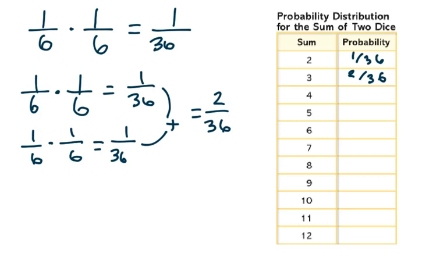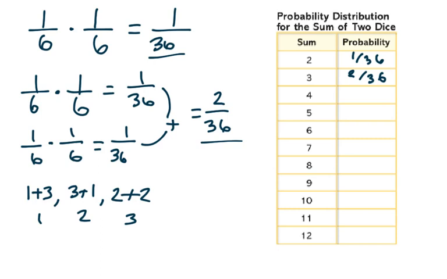Now I could keep going with the 4, right? With the 4, I could do 1 and 3, so 1 plus 3, and then 3 plus 1, and then also 2 plus 2. Now there's no reversing there. So how many do I have? I've got 1, 2, 3. And we've learned by now we're always going to have a denominator of 36, because we're trying to find the probability of one die rolling a certain number and another die rolling the other number.